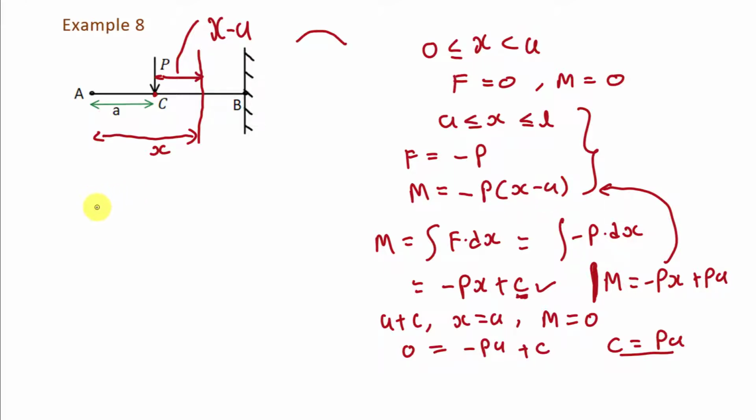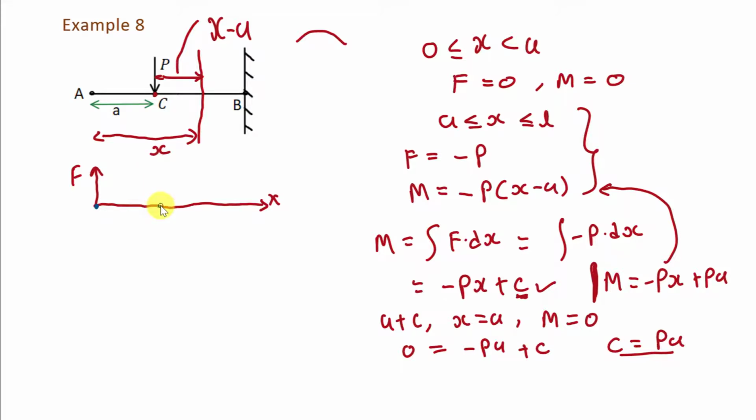Now here we are going to draw the shear force diagram and bending moment diagram. First of all we will draw the shear force diagram. For that we will take this direction as the x direction, and in this direction we will take shear force F. Now here there will be the A point, where x is equal to 0.